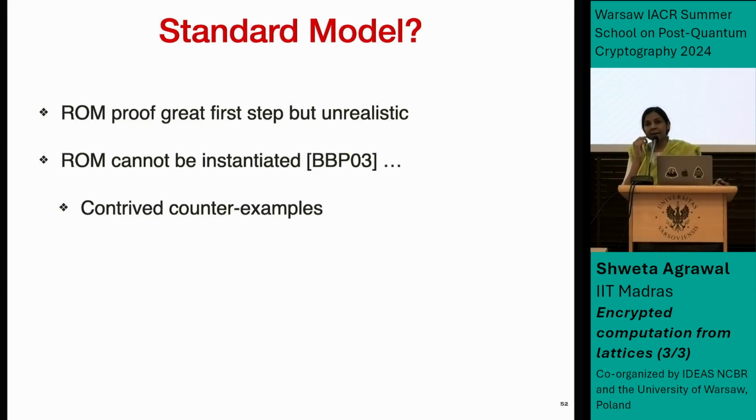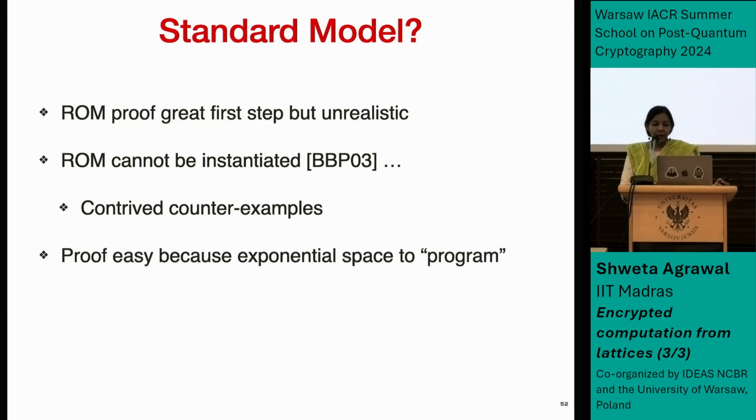First of all, there are a bunch of results that show that, in general, the random oracle is uninstantiable. I don't want to go into details of this, but there are some contrived counterexamples that show that for any hash function that you use to model your random oracle, you can find attacks on the underlying scheme.